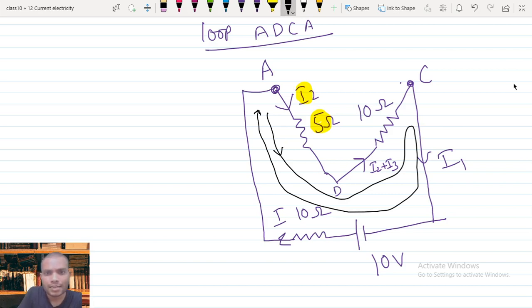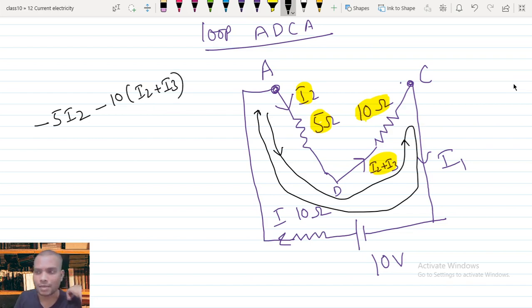So I can get that as minus 5I2. And when it comes to 10 ohm resistance, again my direction in the loop and current direction, they both are again same. So here we can take again negative, minus 10 of I2 plus I3.